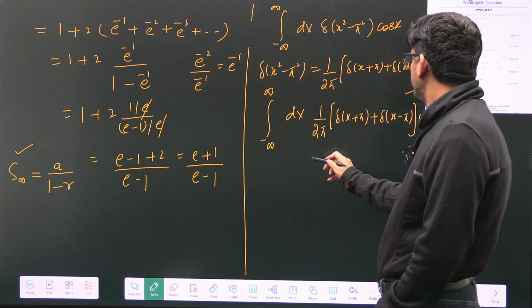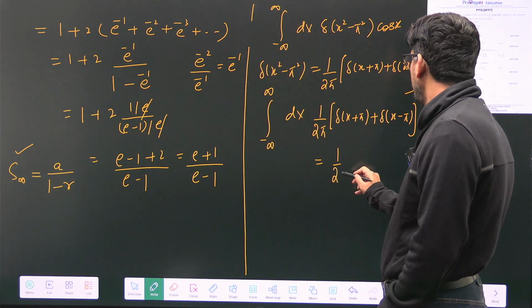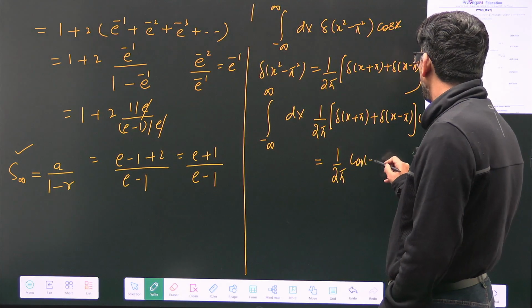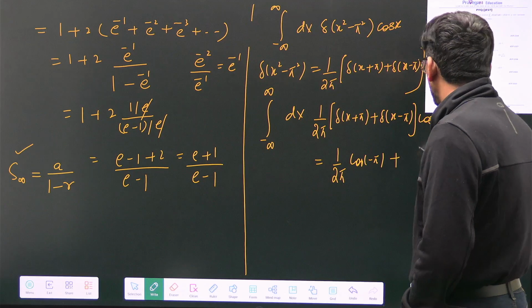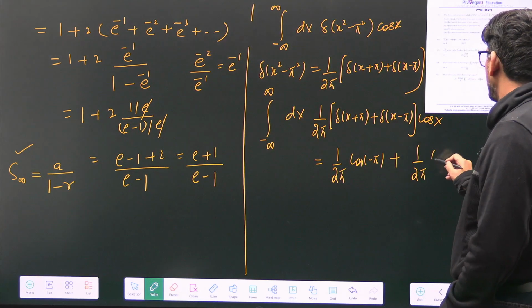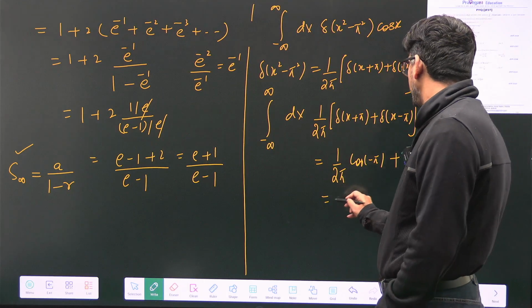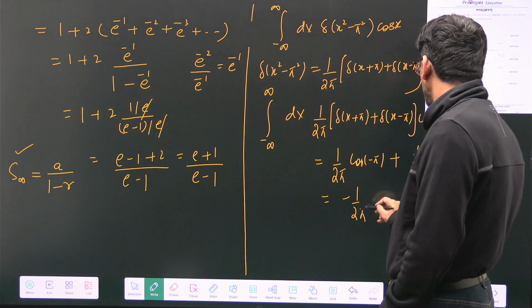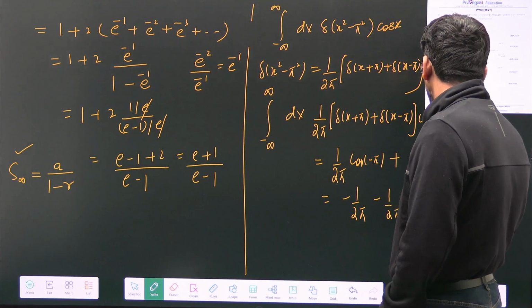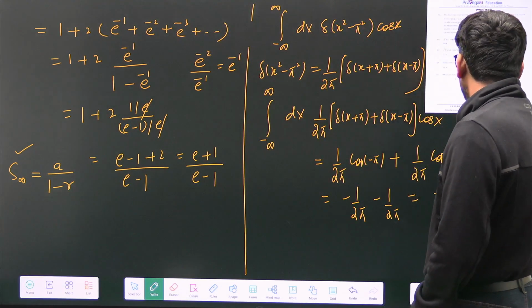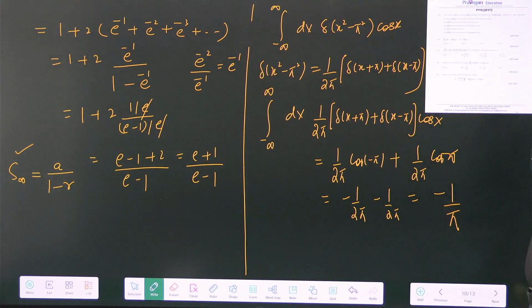Now use it: 1/2pi cos of minus pi plus 1/2pi cos of pi. So this becomes minus 1/2pi minus 1/2pi, which is minus 1/pi.